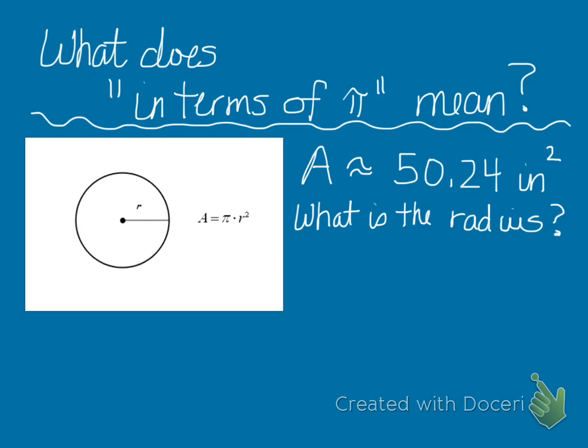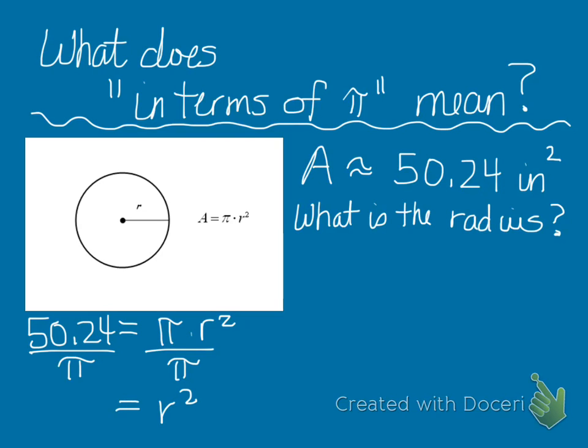So to do this, I would want to set myself up an equation that said since the area is pi r squared, I could say 50.24 is equal to, and I'm going to use equal to instead of approximately, because I'll know that it's an approximate answer, pi times the radius squared. And if I divide by pi, I'm going to get the radius squared.